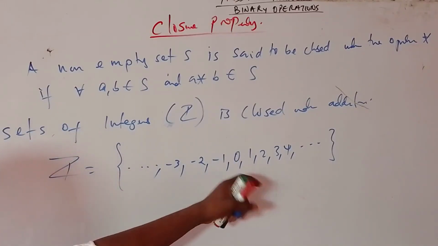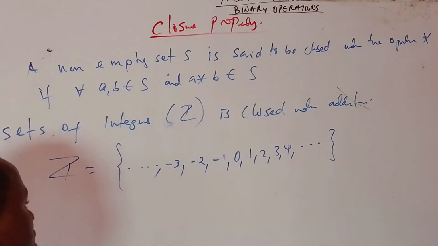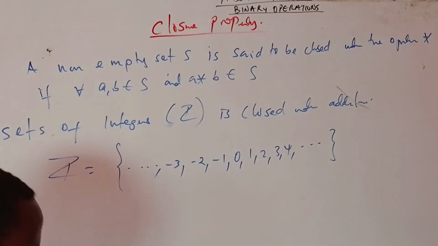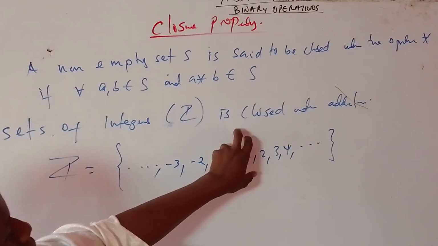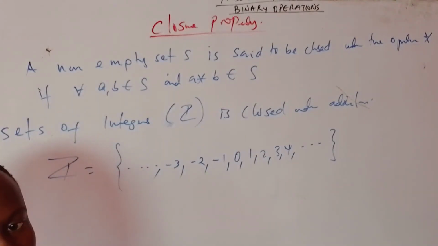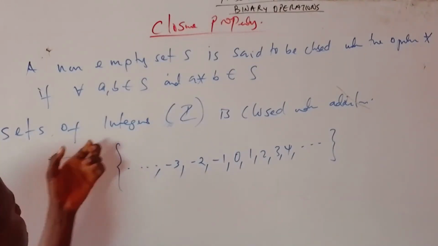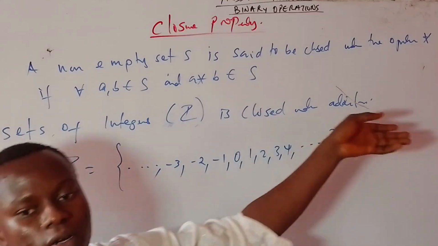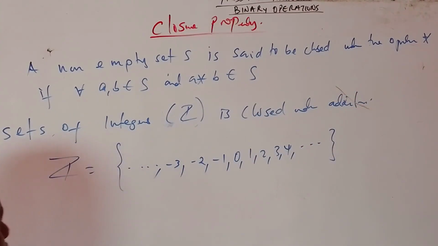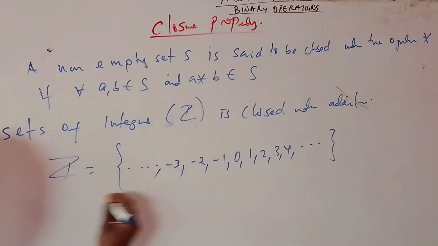Negative 3. We can take any two numbers from this set. Now, I want to check whether the set of integers is closed under the operation addition.